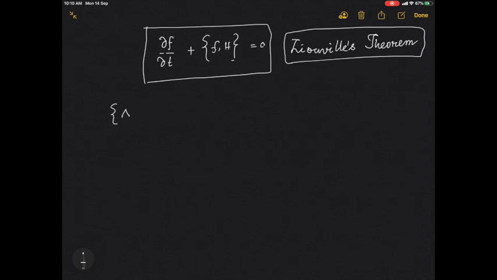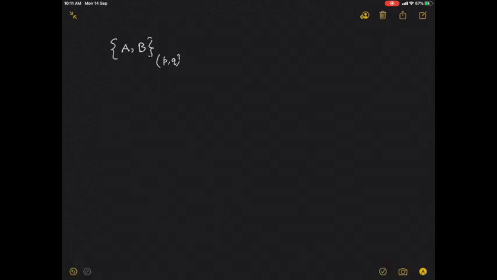Okay, so the Poisson bracket is defined this way. I can define it between any two quantities A and B, and I have to just mention what are the quantities with respect to which I am taking the derivatives. So that I write here in short bracket. Most of the times it is not written, but let me just write it for completeness here. And this is defined as del A del qi.